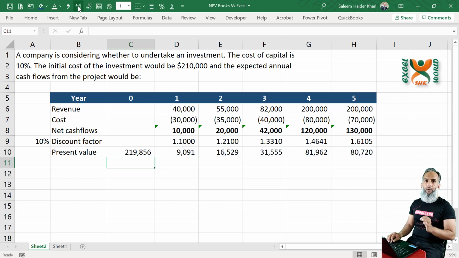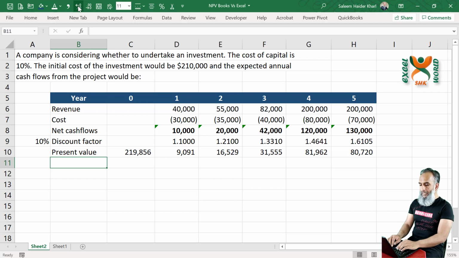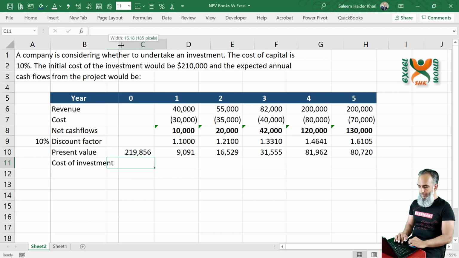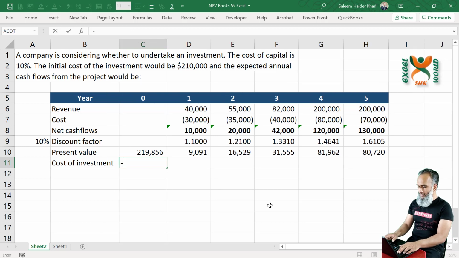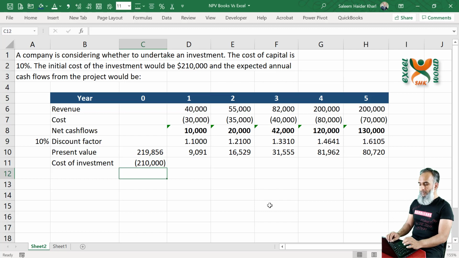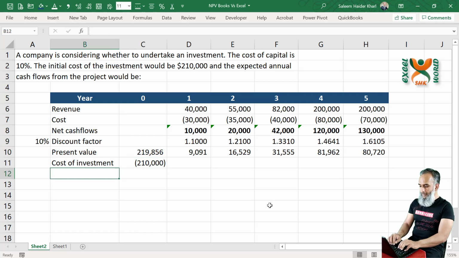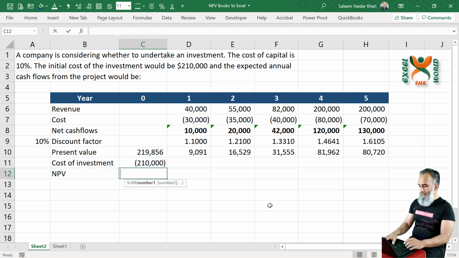So this is your gross present value, and for calculating the net present value, we will use the cost of investment or the capital amount, which is 210,000. So this is what we invested. This is what we got in terms of present value, and the NPV or the net present value is 9,800.